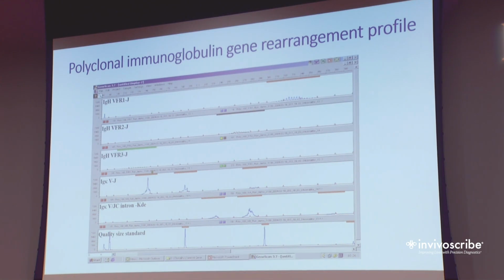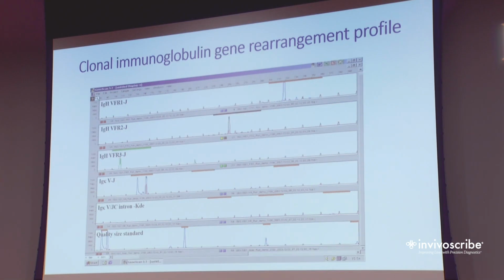But what you'll notice in the polyclonal, just a hint, we always call it, it's got two low shoulders at the side. Whereas in the clonal one, first of all, the shoulders are gone, and you also see what's known as a ski slope artifact if you've got a big clone, because that's to do with flashing of the detectors when it's coming down through the capillary with the huge amount of fluorescence on it.